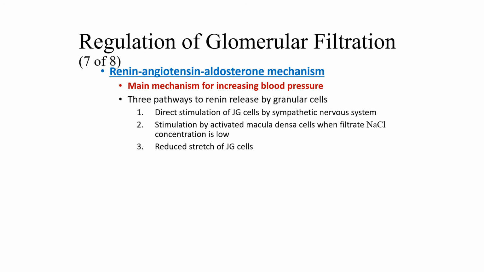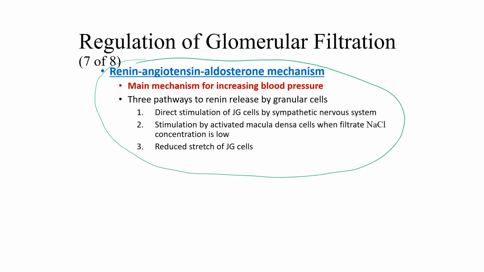A very, very, very important mechanism is the renin-angiotensin aldosterone mechanism. And this is the main mechanism for increasing blood pressure. And remember, there are three pathways for renin to be released by the granular cells. Remember, the granular cells are the JG cells. And so we have here direct stimulation of the JG cells by the sympathetic nervous system.